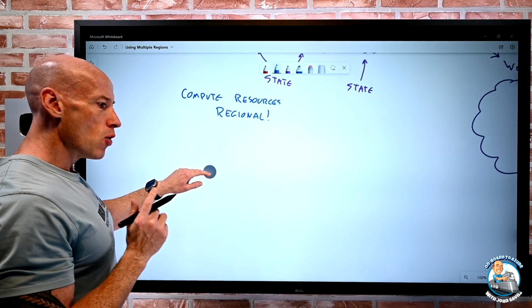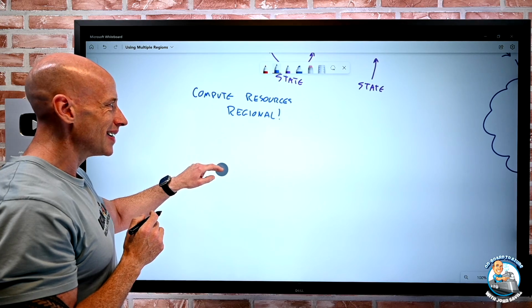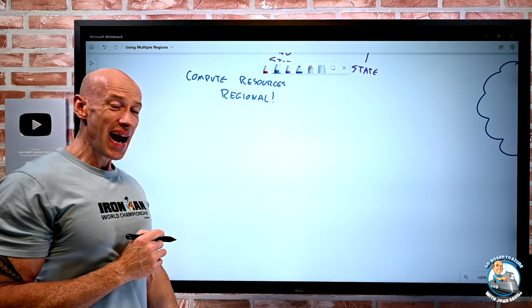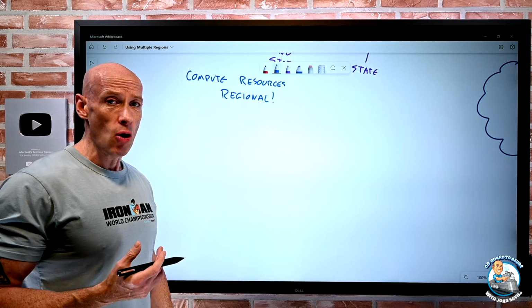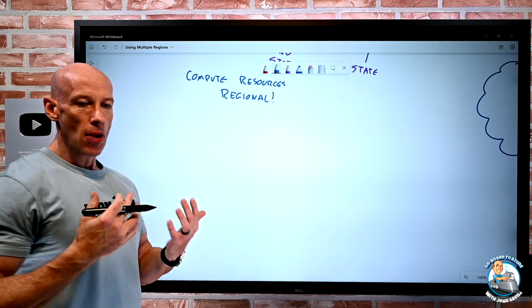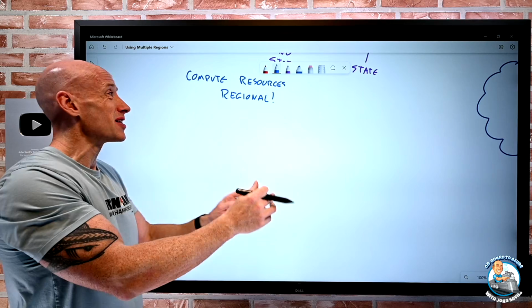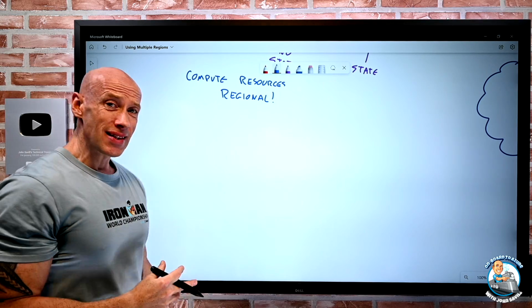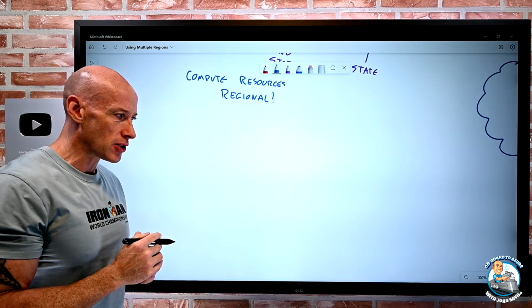And so for the most part, compute resources really don't care about regions, because they have no concept of being in multiple regions. It doesn't exist. They live within a certain region. And if I'm multi-region, I'm just creating instances in each of the regions, unbeknownst to an instance of that compute service in whichever region it happens to be deployed to.